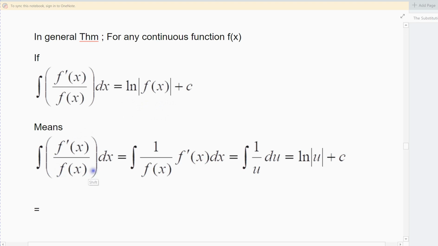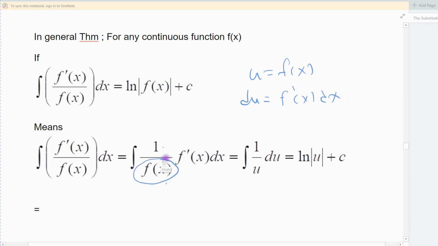If I take this fraction, so this is sort of the simple proof of it, and split it into 1 over f of x times the derivative of f of x dx, well, this is just the substitution rule, right? If I let u equal f of x, then du equals the derivative of f of x dx.